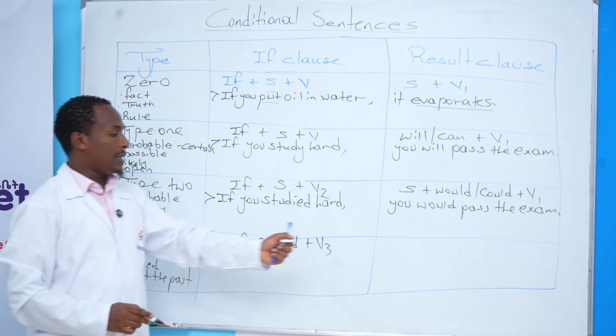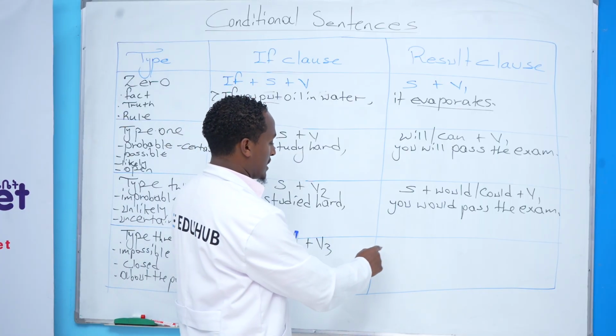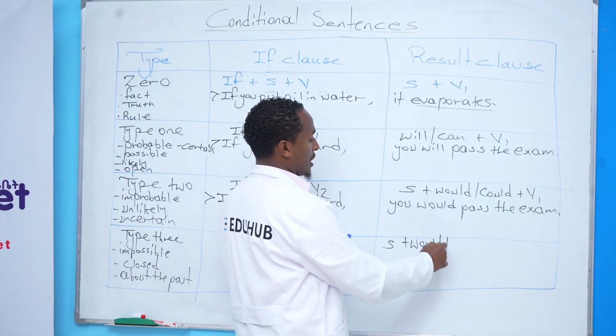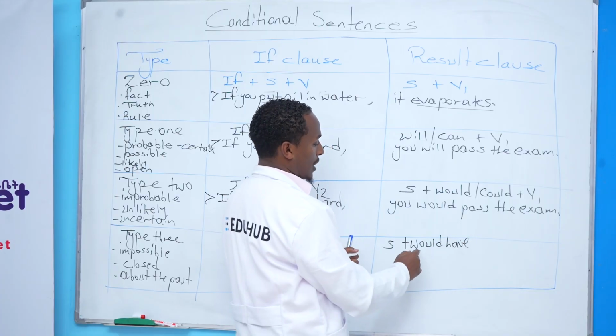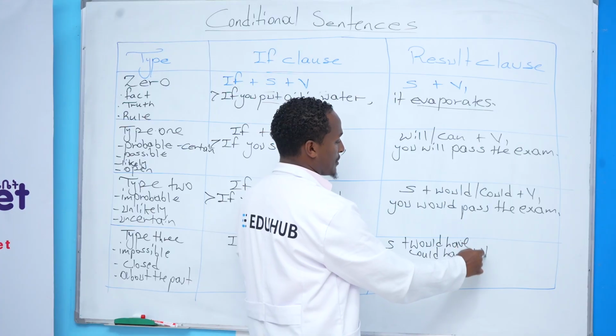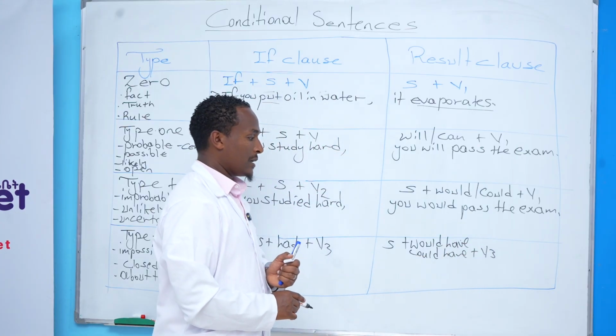And the pattern in the result clause is subject plus would have, or could have plus verb 3. Okay, verb 3.